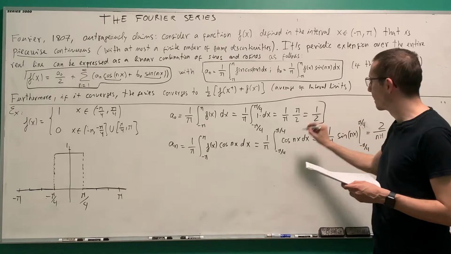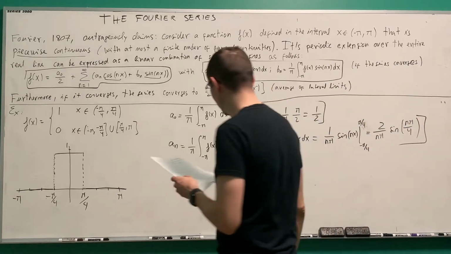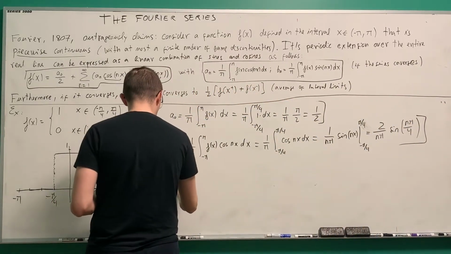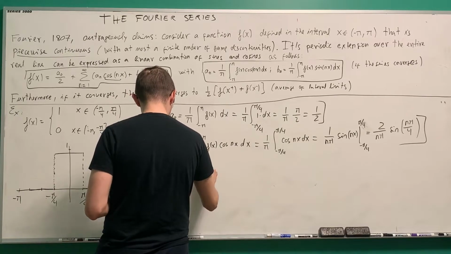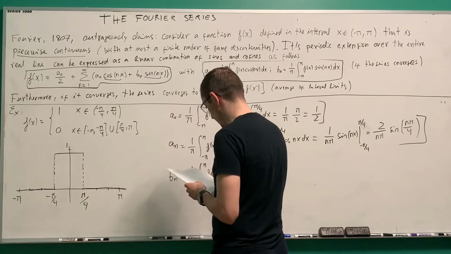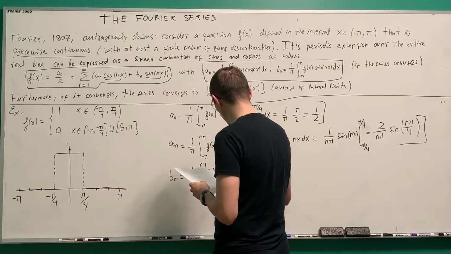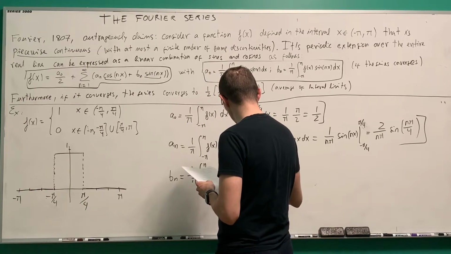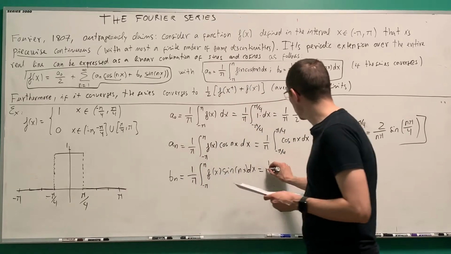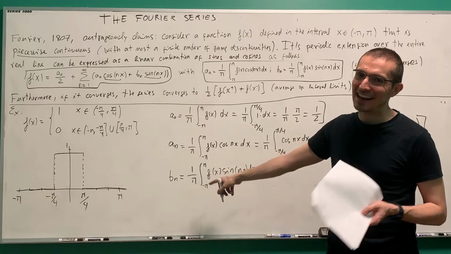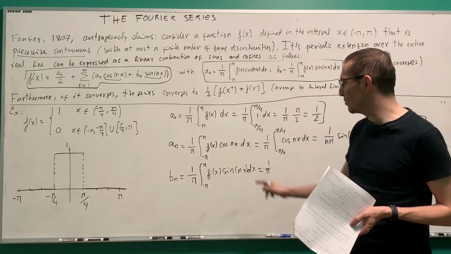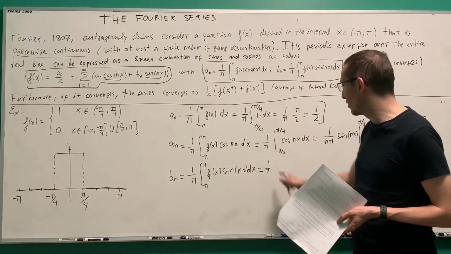That's the AN. And now the BN. Bn is 1 over pi, integral minus pi to pi, f of x, sine of nx dx, same as before, this is 1 over pi. Now actually, I don't think we would need to do that, and I'll tell you what tricks would make you do that fast. I know the result is 0.